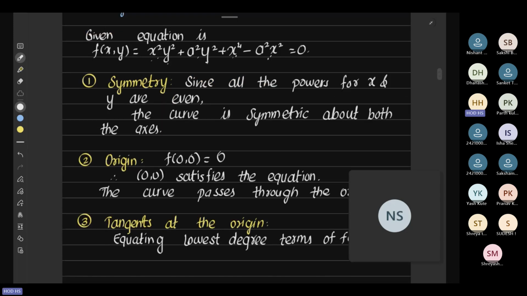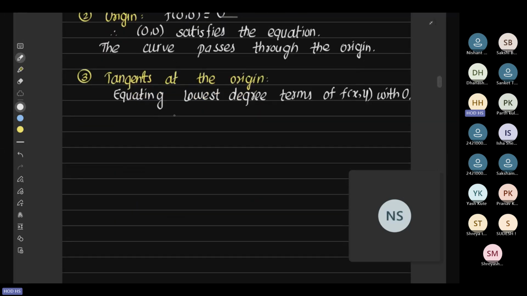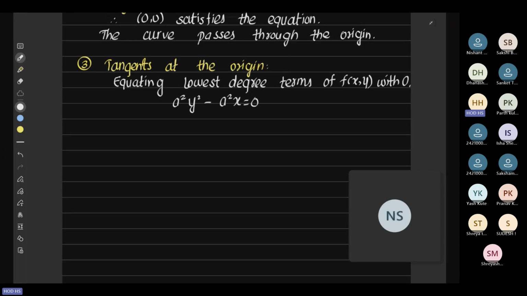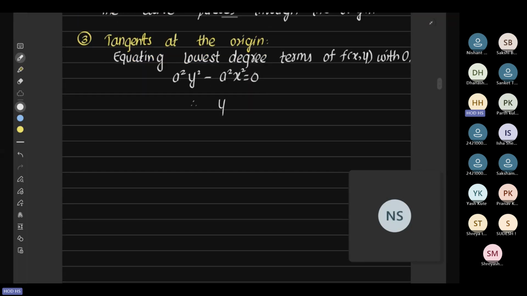Notice that our f of xy is given by this equation. Here is a degree 4 term, degree 2 term, degree 4 term, degree 2 term. So we need to equate degree 2 terms with 0. That is a square y square minus a square x square is equal to 0. And therefore, y square is equal to x square, or we can conclude y is equal to plus or minus x. Notice that we are getting two different tangents. So origin is a double point and it has two different tangents, so it is a node.